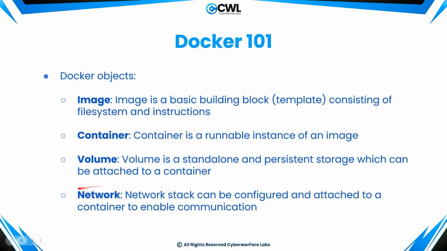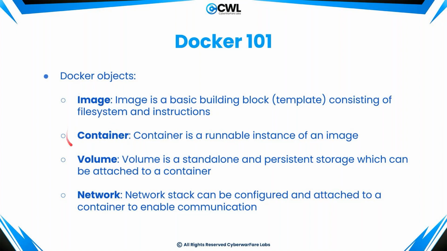And the fourth and important one is the network. When you have created a container, how does it talk with the client, and how does it talk with other applications? The network holds the information about that. So there are four important Docker objects, right? First, the image: you can customize it and create your own image.